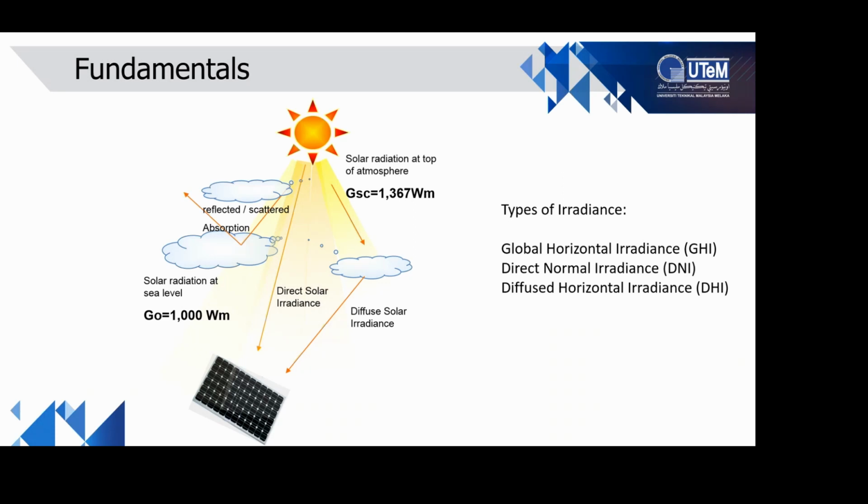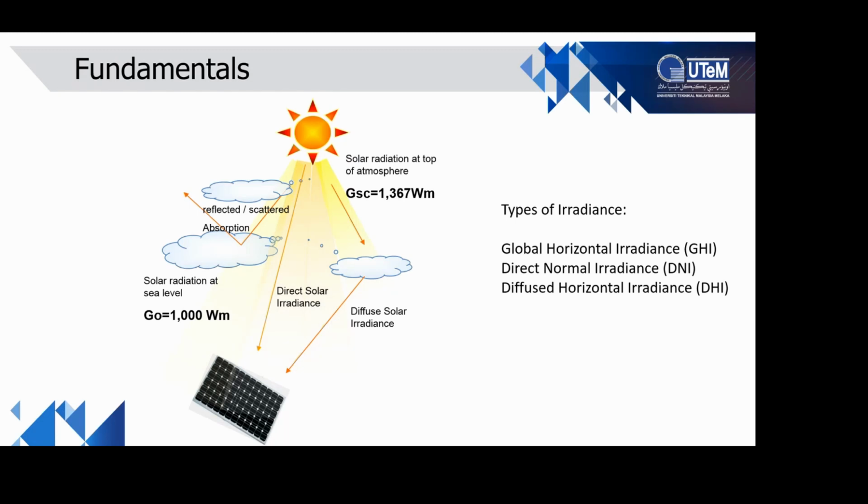And then we also have solar irradiance that does not come directly from the sun, but from another source. For example, the sunshine passes through clouds before reaching the solar module, or the sunshine hits the ground and is then reflected to the solar panel.